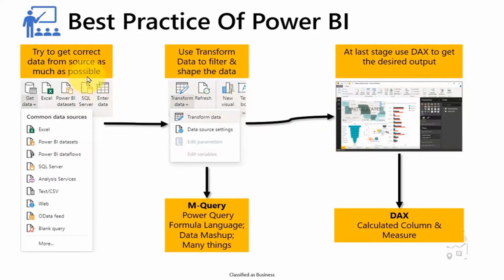This is nothing but mashing up the data, blending the data from one source system with another source system. So the backend language we call the mashup language. For the data transformations part, M query or Power Query functions, or formula language functions, we are going to use at the transformation level.